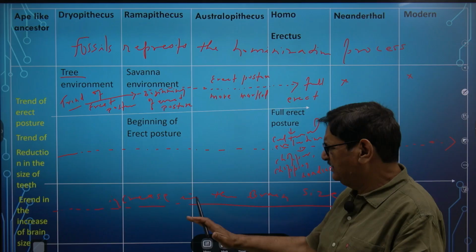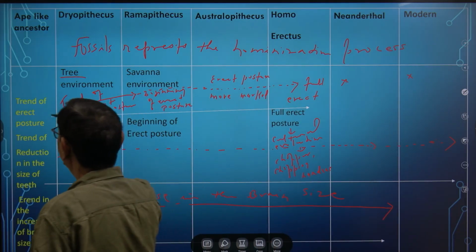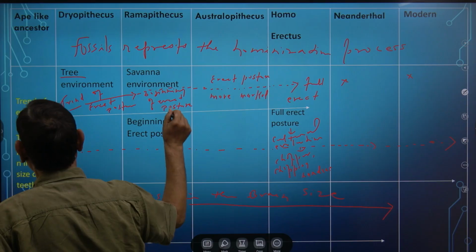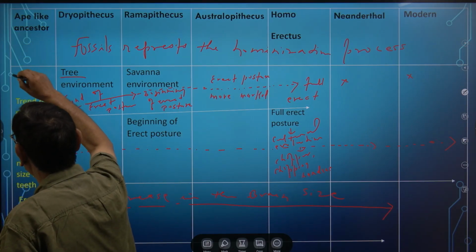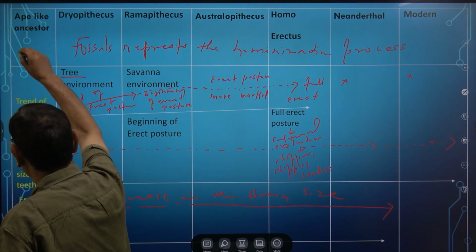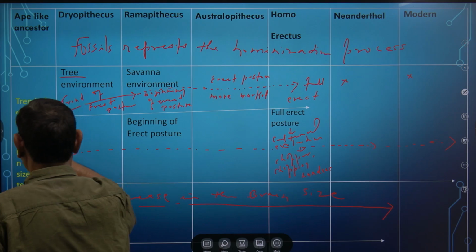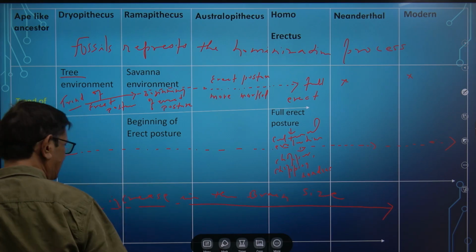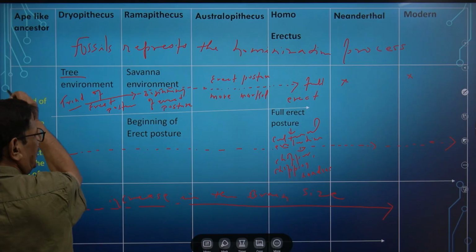So these are the three trends, and these are interdependent. They are not separate. These are the trends of human.